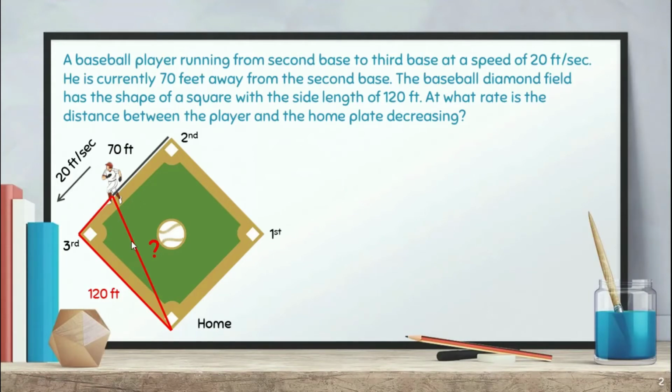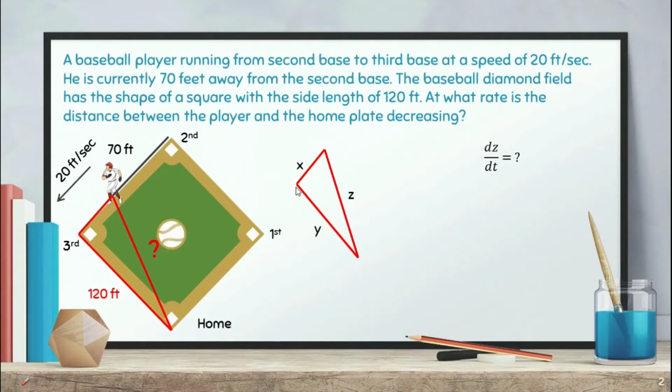So we will use this to solve what is being asked in the problem. So let us draw our right triangle here, and let us label the side with x, y, and z. So we are asked to find dz over dt. So to find this, let us first list the given that we can get from our problem.